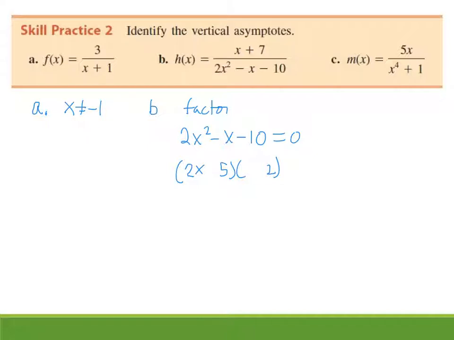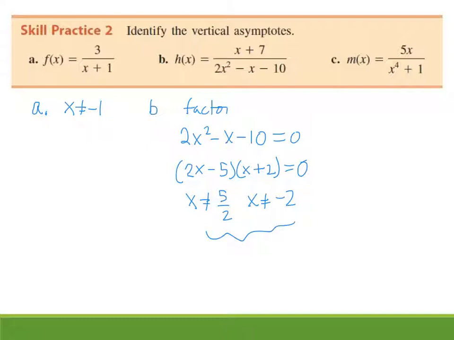And so we have a minus here, and we have an x plus 2 is equal to 0. So now we have x is not equal to 5 halves, and x is not equal to negative 2. These are our vertical asymptotes.